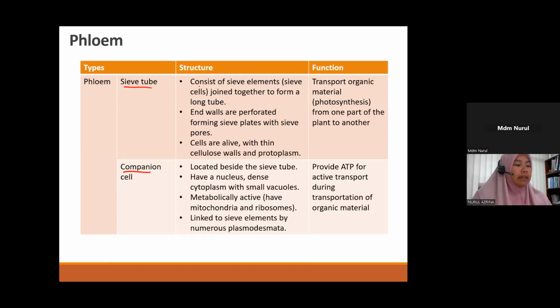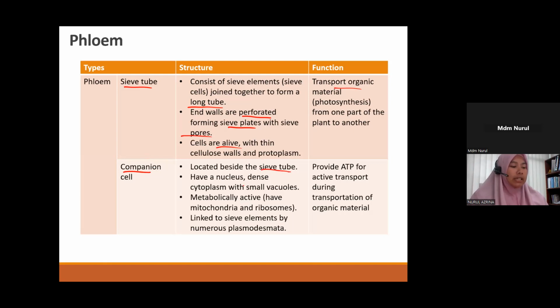Sieve tube elements join together and form a long tube, and the end walls are perforated with a sieve plate and sieve pores. The cells are alive with thin cellulose wall and protoplasm. The function of the sieve tube is to transport organic material made by photosynthesis from one part of the plant to another part.